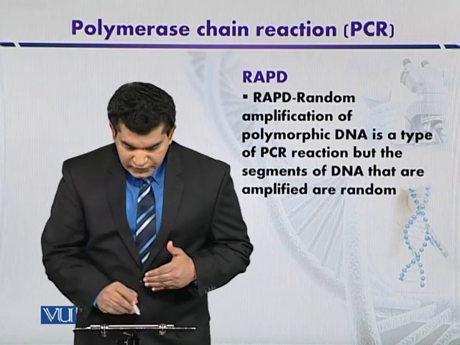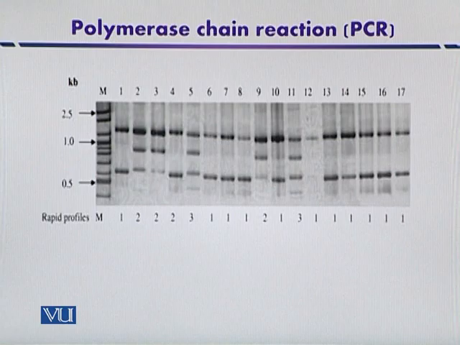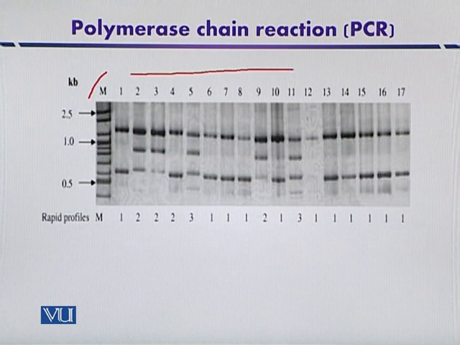The next diagram is related to the relationship between different strains of Haemophilus. Here the first lane indicates the marker in different nucleotide lengths like 2.5 kb, 1 kb or 0.5 kb. And the different lanes on the upper side represent different microbial samples.